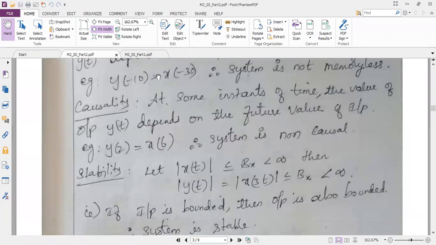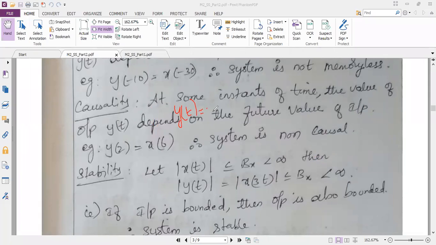Causality. Again, here the output is linearly proportional to x. Whereas in the first problem, the output was not linearly proportional to x because it was e power. With e power like that, seeing the t term without plus or minus 1, we can analyze it. But here, since it is linearly proportional, I should substitute the value. Suppose y of t is equal to x of 3t.